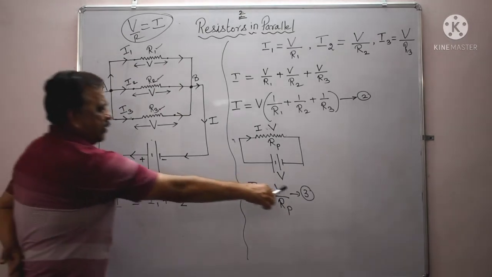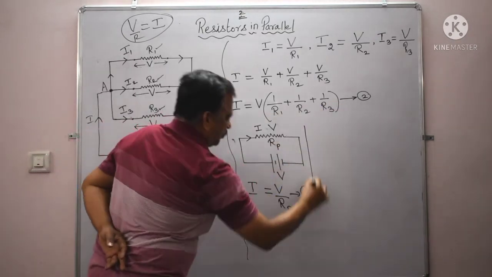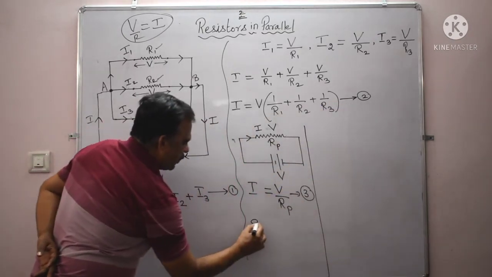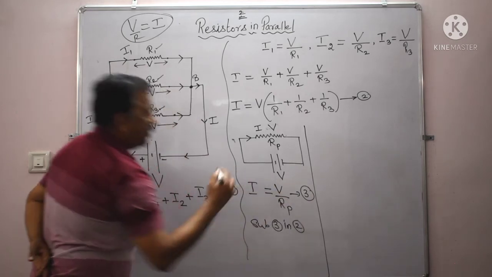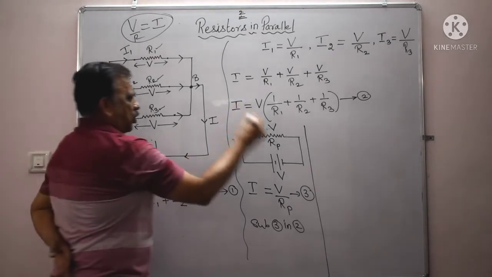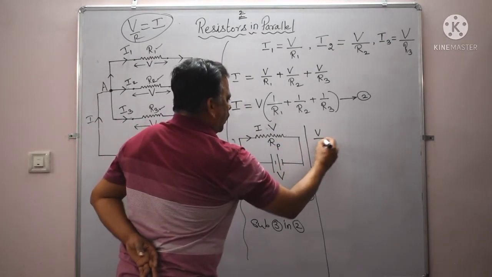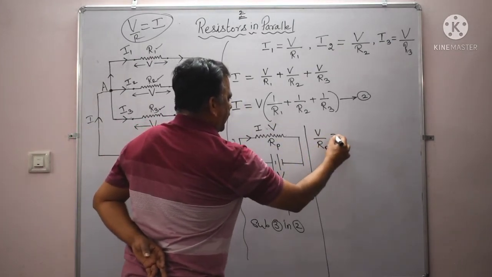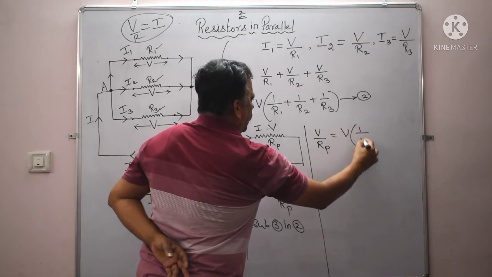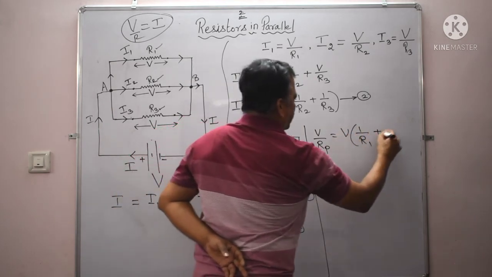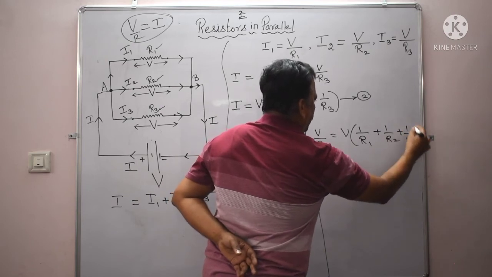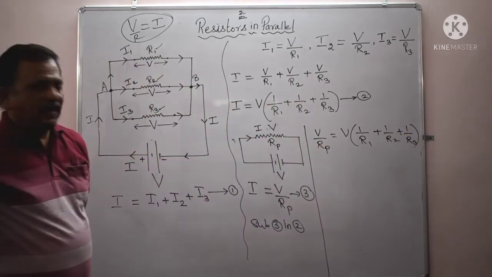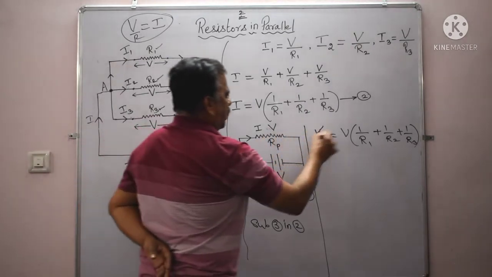Substituting 3, instead of I, I will get V over R sub P is equal to V into 1 by R1 plus 1 by R2 plus 1 by R3. Now let me cancel off V and V.